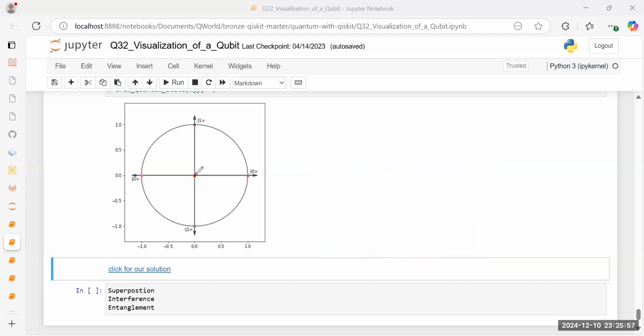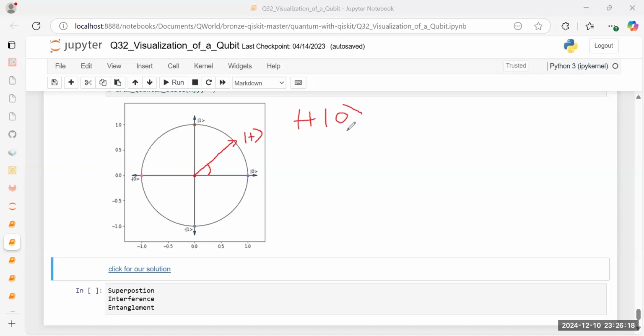Okay, so another state that we've seen is the plus state. We said this is what we get when we apply the Hadamard operator to the 0 state.